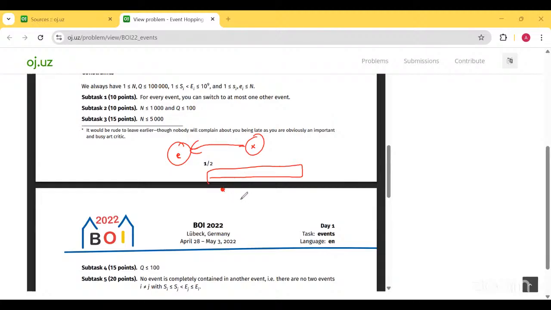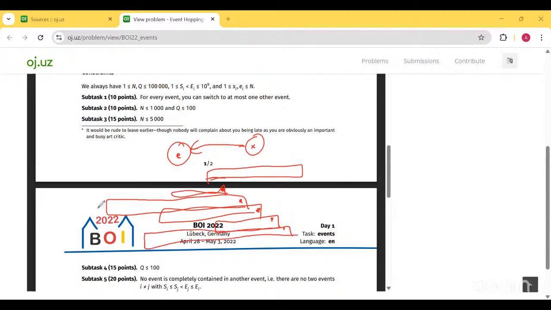Parent means, among the nodes whose end is inside this range, we will choose the one with minimum S. For example, like this, we will choose this one. All right. So will we use line sweep?